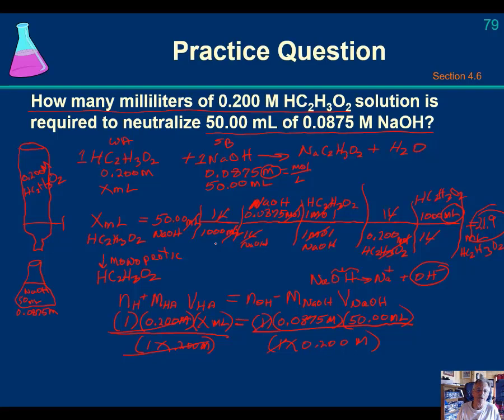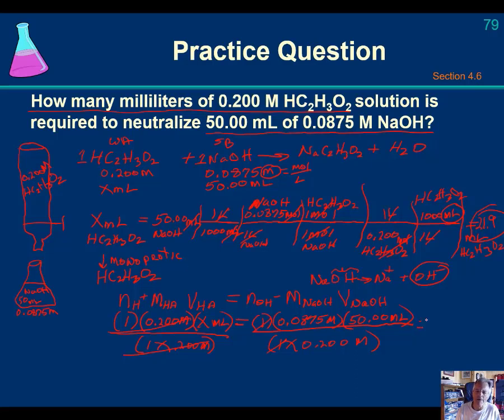All right, let's take a look at the math in the method above. I have 50 in the numerator, 50 in the numerator here. I have 0.0875 moles in the numerator. I have 0.0875 in the numerator. And then I have 0.2 in the denominator. Everything else either cancels, like the thousands, or is 1.